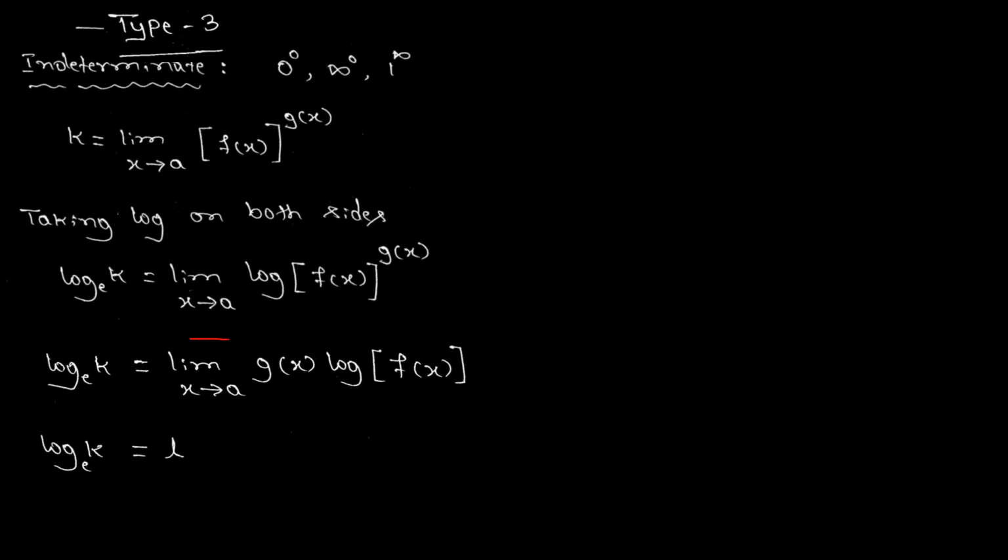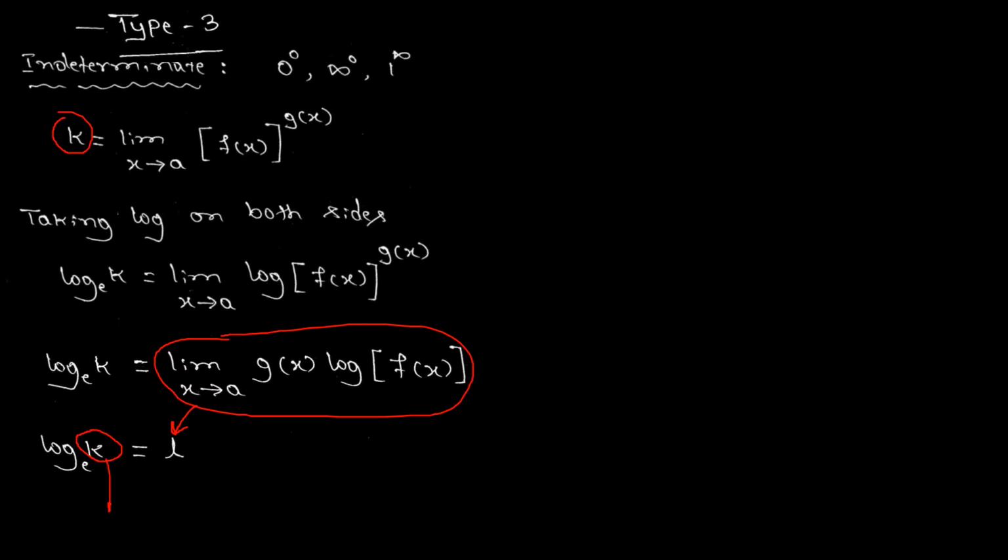Now after simplification, suppose your answer is L, then how do we get k? Because initially we have denoted the limit as k, so we expect the answer for k. We don't want the answer of log k. So how do we get k? Applying antilog on both sides.